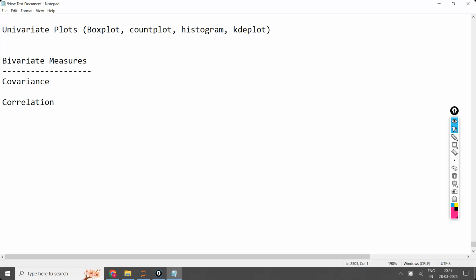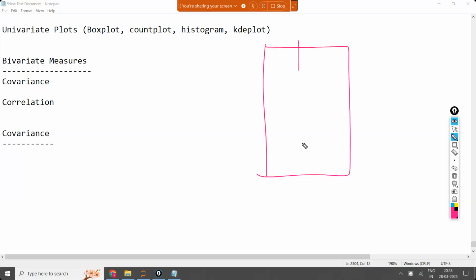Done? These bivariate measures we are going to study. The first one is covariance. Let's start with covariance. In order to calculate the covariance, we require two columns, both X and Y: the x column and the y column.